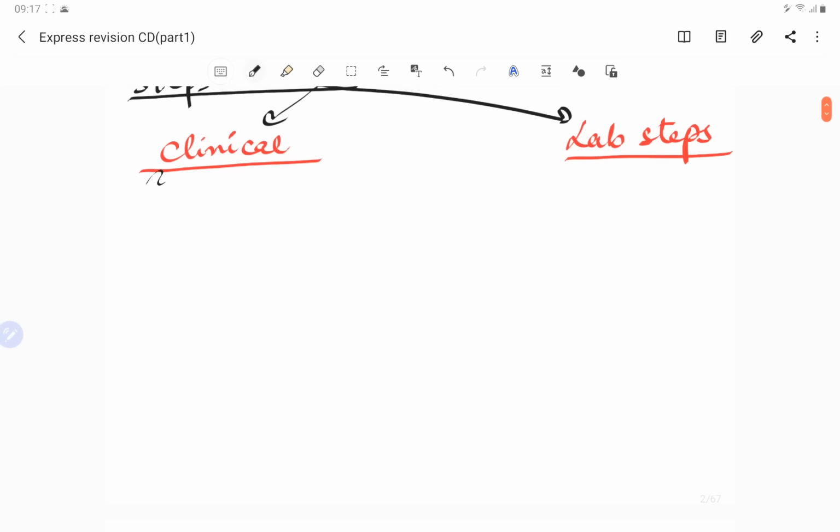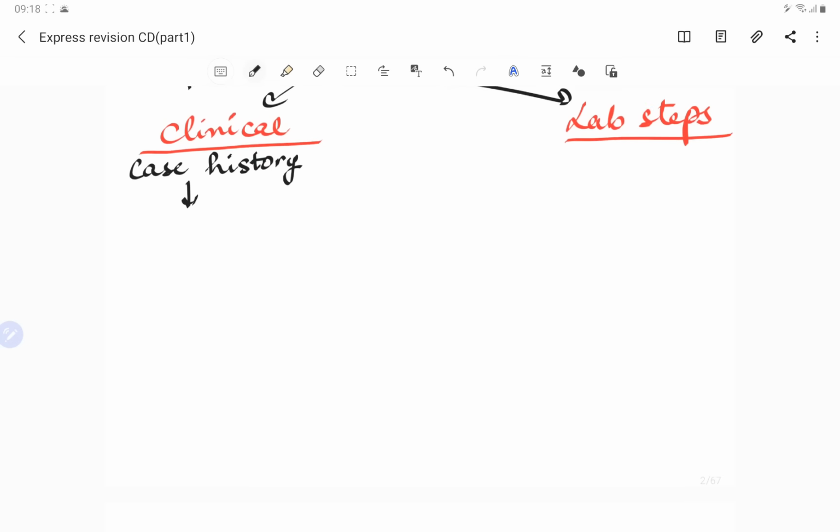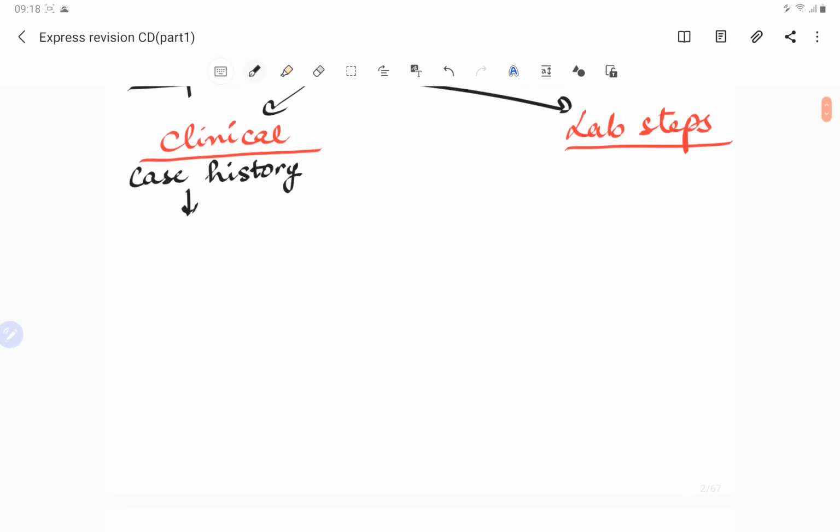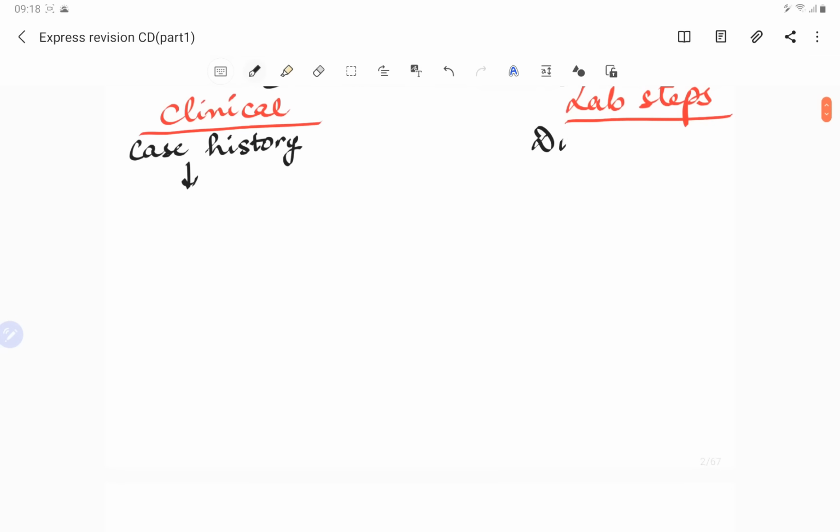So clinical step, first of all, is our case history. The very first thing when the patient comes to you, we take the history of the patient, and that we are going to diagnose and do the treatment planning. Then we prepare the diagnostic cast of the patient. Then we see is there any requirement of mouth preparation, that is going to include the pre-prosthetic surgery.